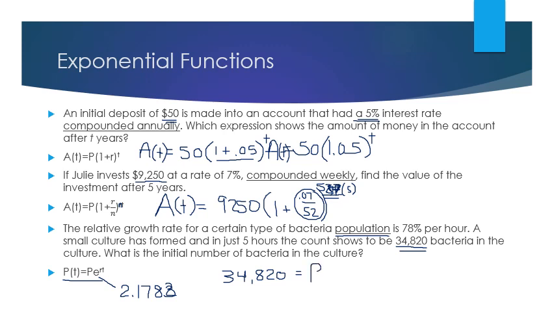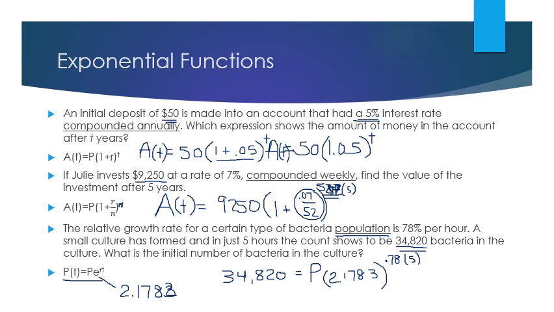I'm going to leave P in here because that's what we don't need. I'm going to replace the e with 2.71828. And I'm going to raise that all to the RT. The rate is 78%. 78% divided by 100 can be used as the variable, and that's times 5 hours.